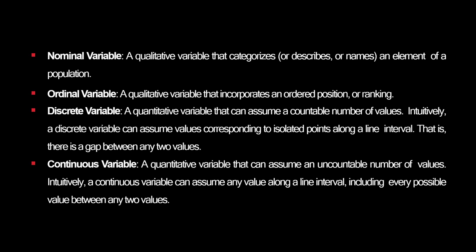So for discrete, there is no gap at all because the values are one on the other, whereas for continuous there can be space between two values because it is mentioned on the line interval in a continuous way.